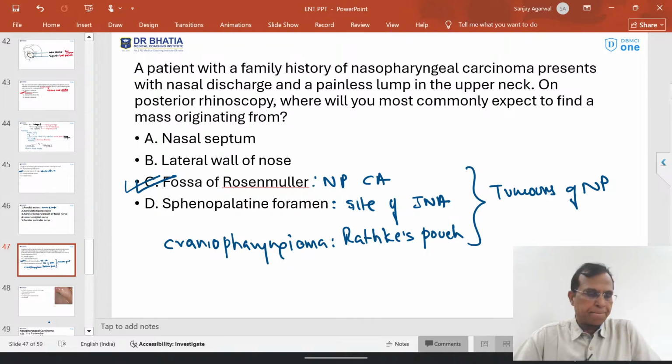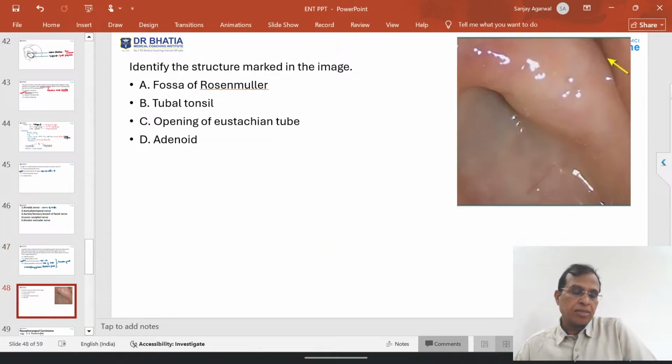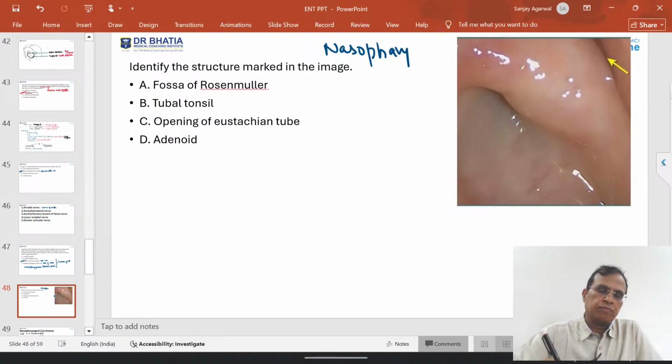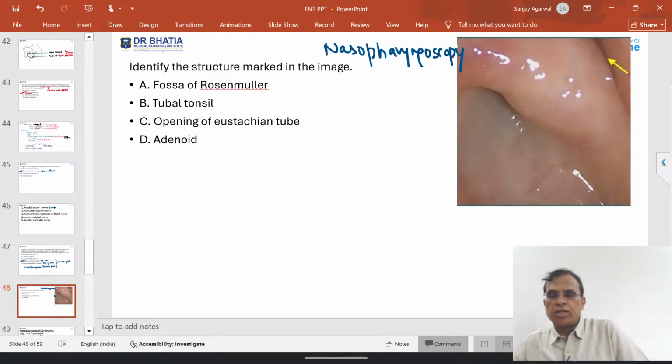Okay, now what is the fossa of Rosenmuller? Now look at this structure marked. This is nasopharyngoscopy. So this is nasopharyngoscopy.